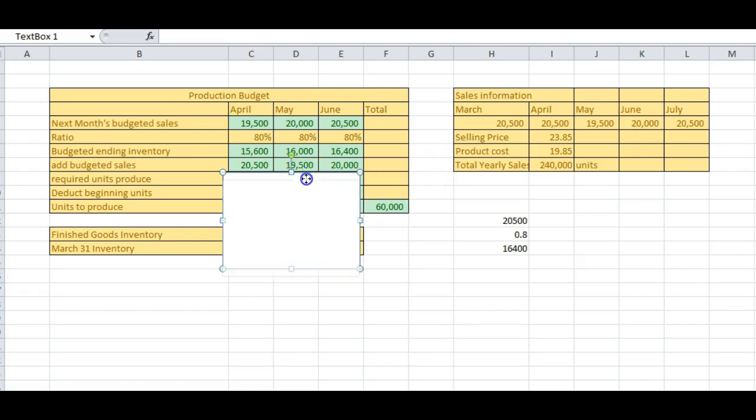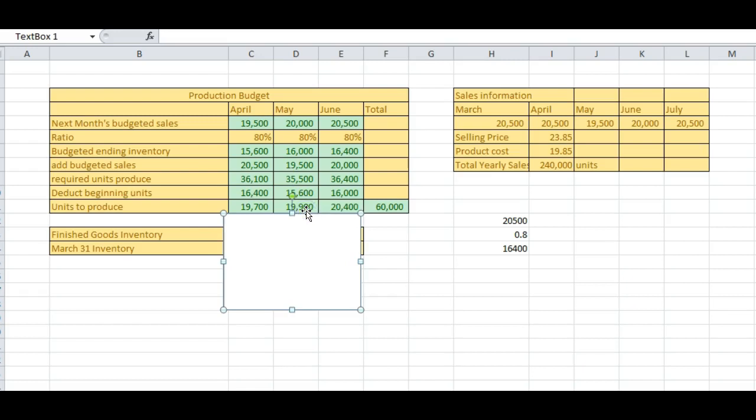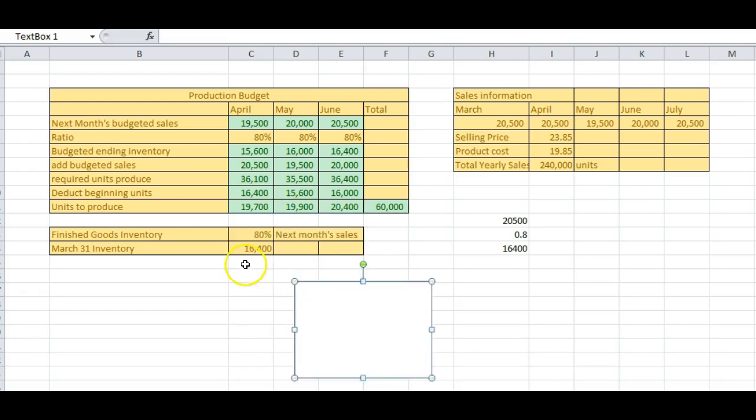So we are required to make how many units? Well, you add these two together to get the total units. You deduct the beginning units, remember? We have some that we begin with. So for this, March's ending inventory was 16,400, so that's deducted.